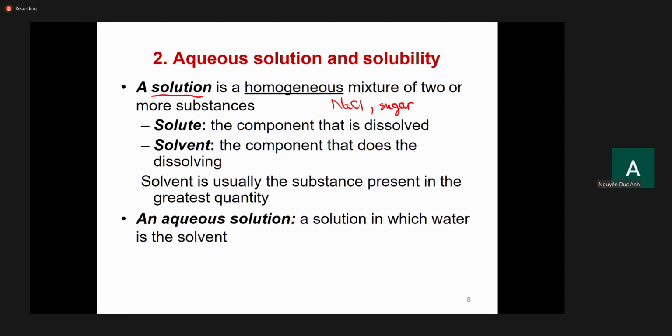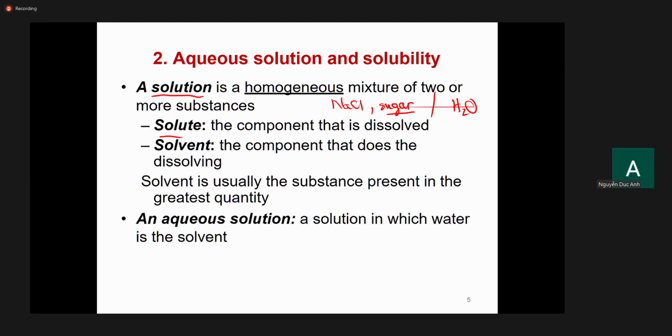In that case, we call sugar water a solution. So in that solution, you have some components, of course, right? The one that is dissolved in the solvent, we call it the solute. So in terms of sugar water, sugar is the solute.